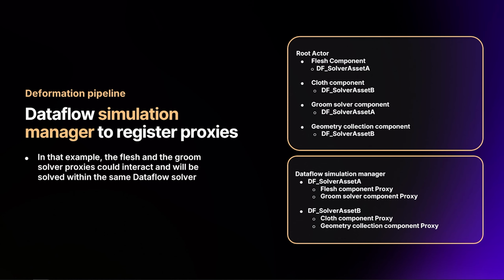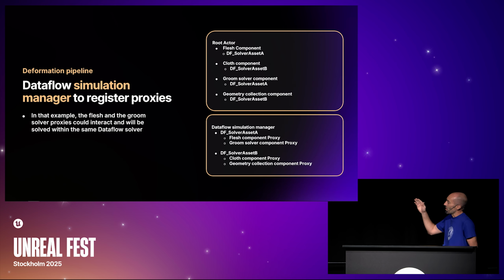On the top side, you have an outliner with a root actor, and you have a flesh component, cloth component, a Groom component, a geometry collection component. Each one of them has been assigned to a Dataflow solver asset. The simulation manager will just register some proxy to each one of the solver assets, and you will have access to this proxy within each Dataflow simulation asset.